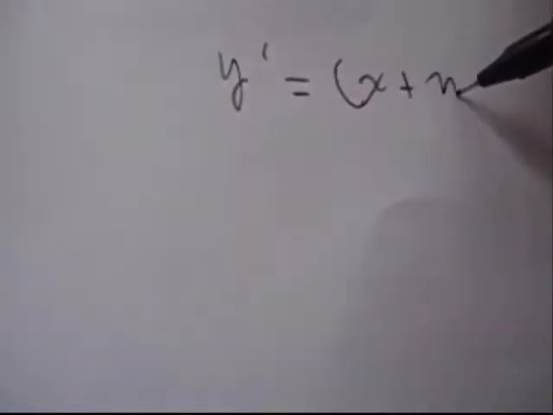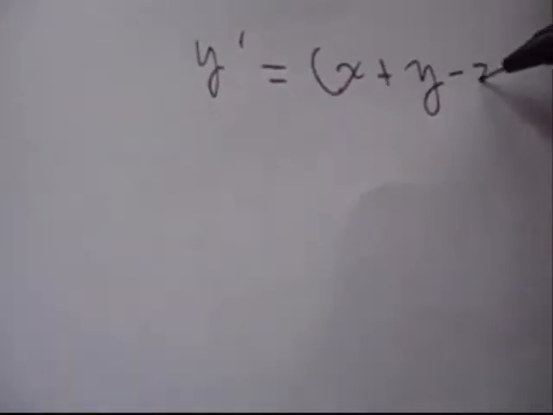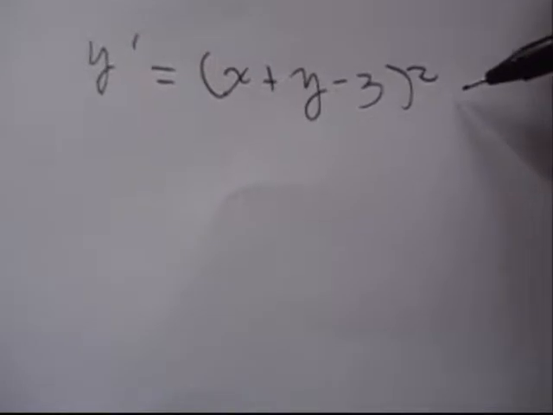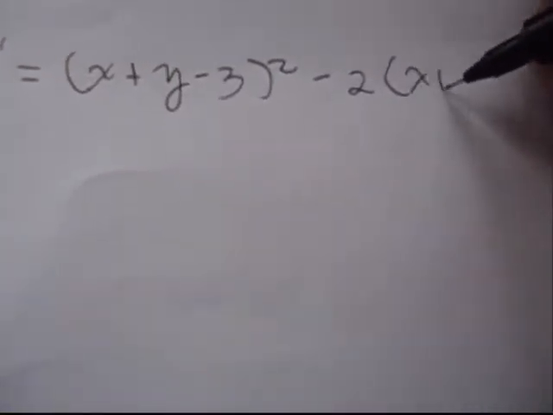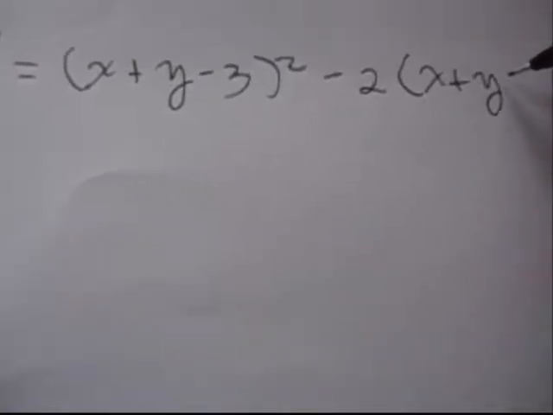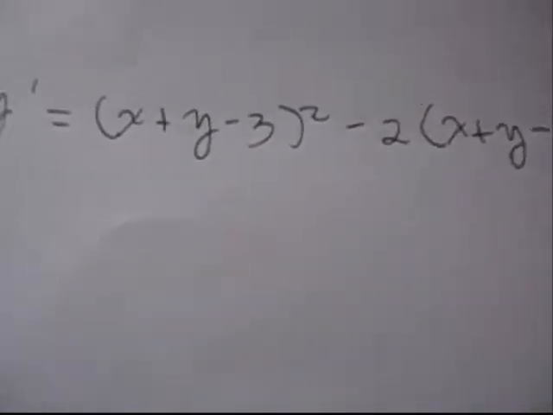We have the problem y prime is equal to (x plus y minus 3) squared minus 2 times (x plus y minus 3).